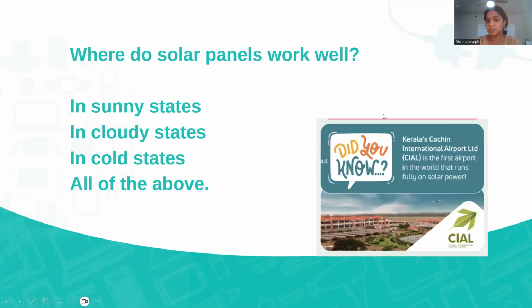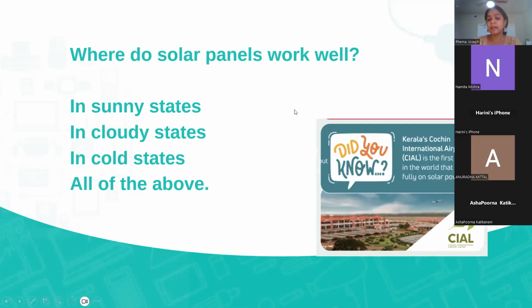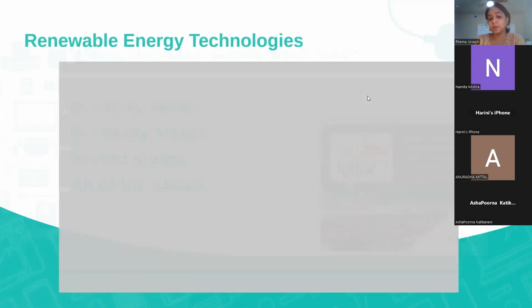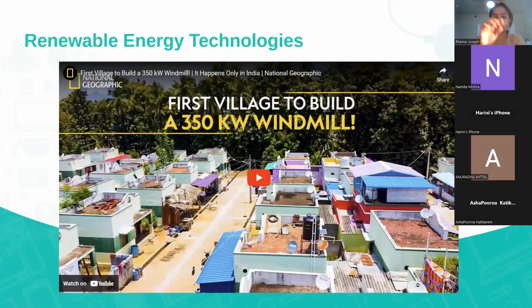Kerala Cochin Airport is the first in the world that runs fully on solar power. So today, while we were working on the content to see, apart from just questions, how do we also give information, I thought this is interesting to see. And yesterday, I also noticed some from Kerala sharing it in the chat. So I thought it'll be nice and a good appreciation to share.